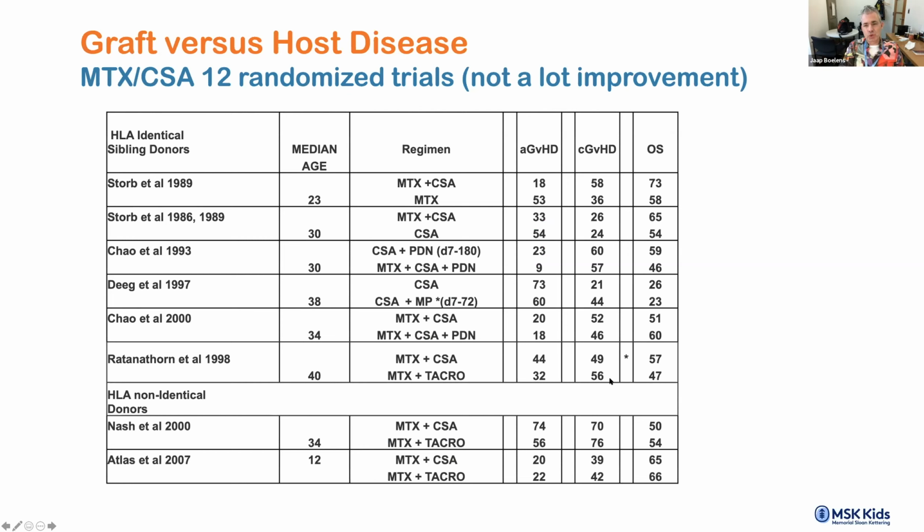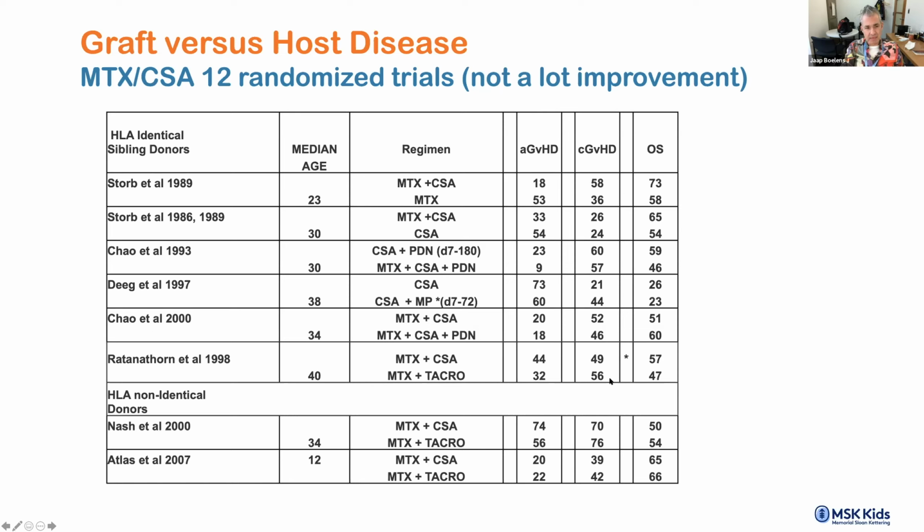How successful were we over the last decades to prevent graft versus host disease? With these classical drugs like cyclosporine, tacrolimus, methotrexate, MMF, it's actually a little bit disappointing. Going back to the late 80s, 90s, and also over the last 2 decades in the 2000s, the incidence of graft versus host disease continues to be pretty similar, despite new regimens.